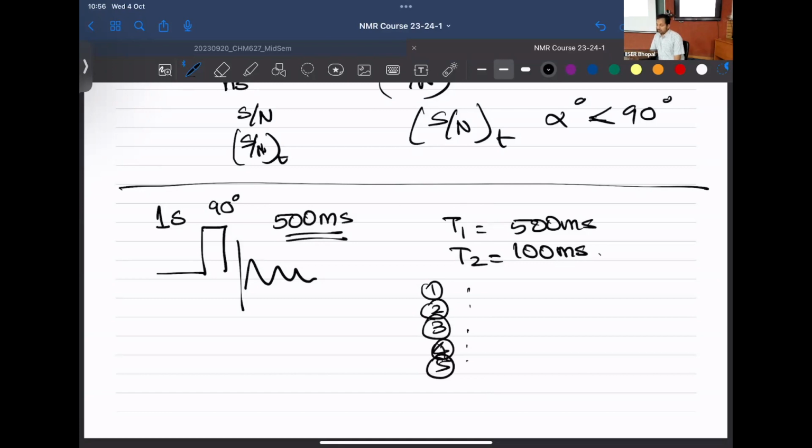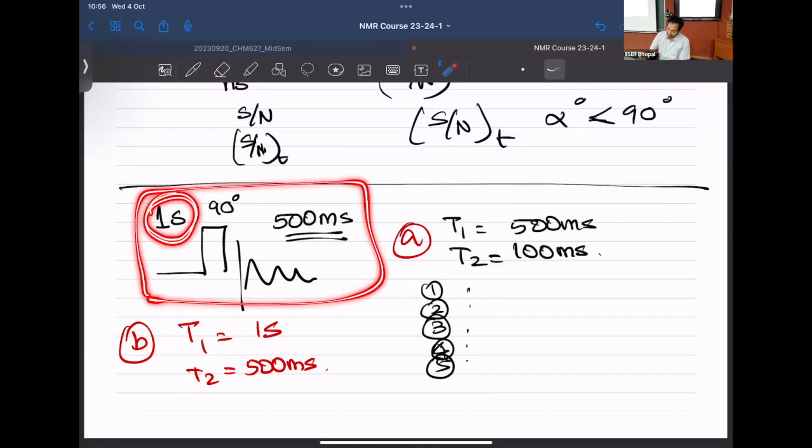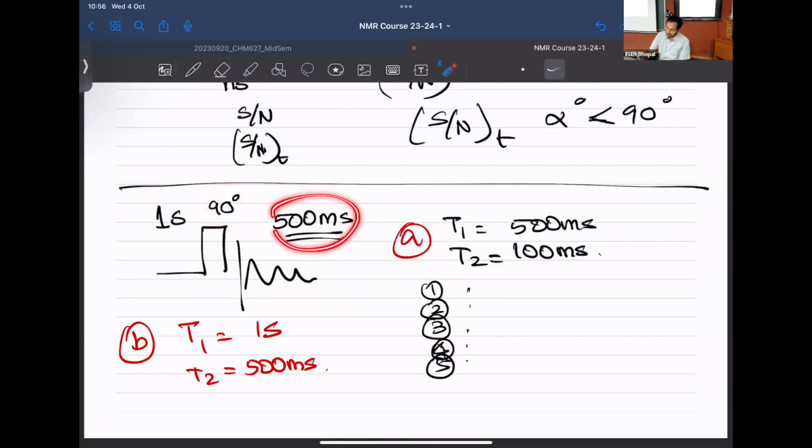Now, this is problem set A, where you use T1 and T2 as given there. For problem set B, assume T1 is 1 second and T2 is 500 milliseconds and repeat the same exercise and see what you get. Literally the same pulse sequence, the same parameters of 1 second D1 delay, 90-degree pulse, and a 500 milliseconds acquisition time.